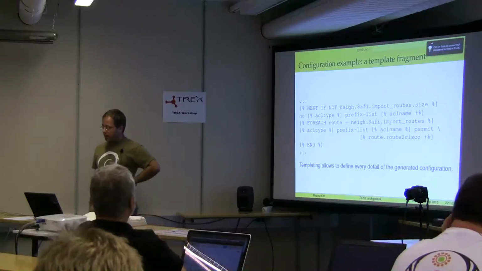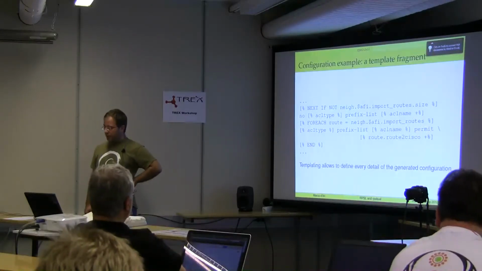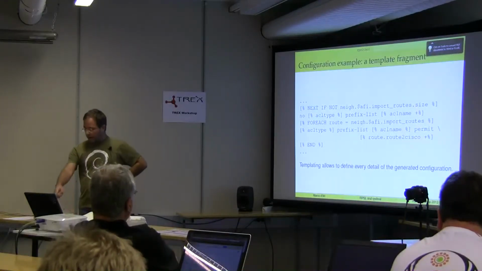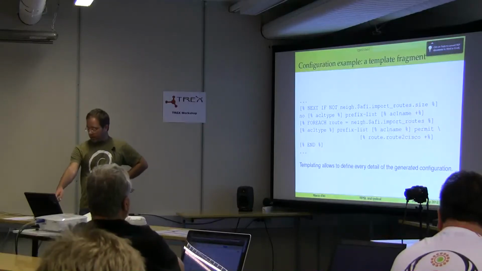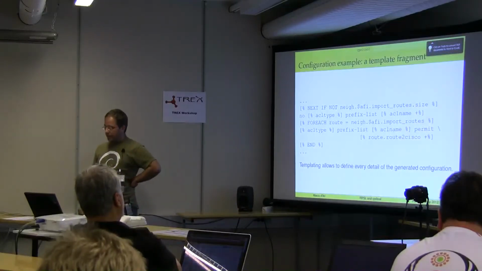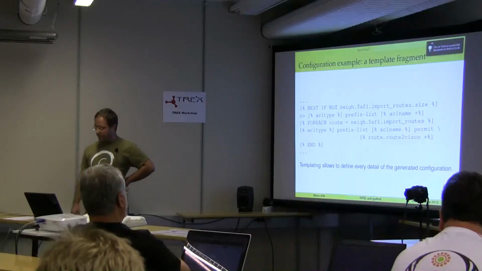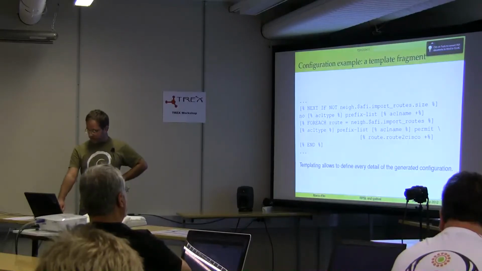So in this line I just check if there are routes for this address family. And if there are routes, you see in the third line that the template iterates over the list of routes and generates the prefix list.